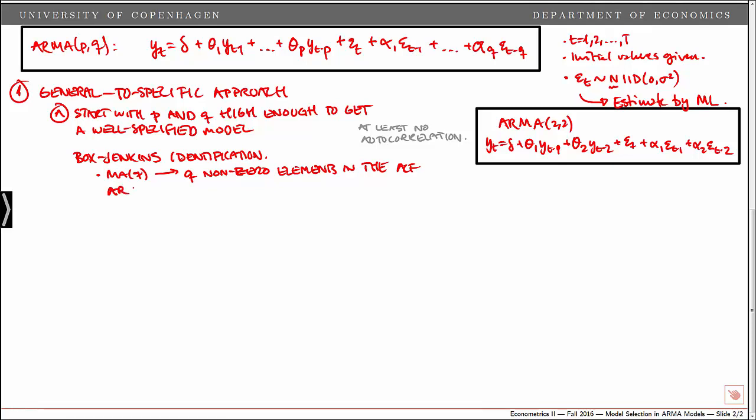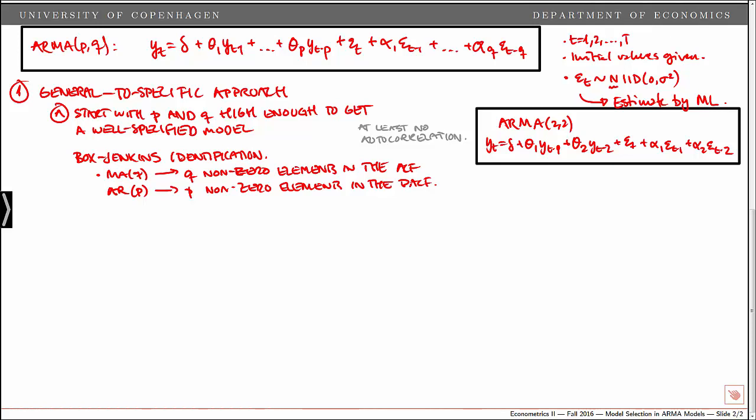Likewise, an AR(p) process will have exactly p non-zero terms in the partial autocorrelation function. So we can look at the autocorrelation function and the partial autocorrelation function that we estimate for the data we are working with, and we can look at how many terms are significant, and that we can use as a starting point to select the numbers p and q.